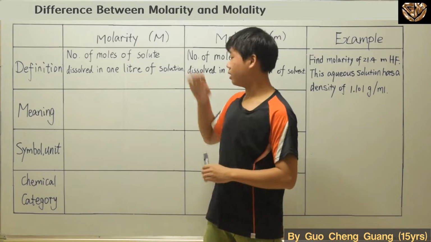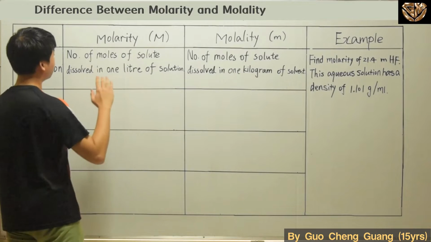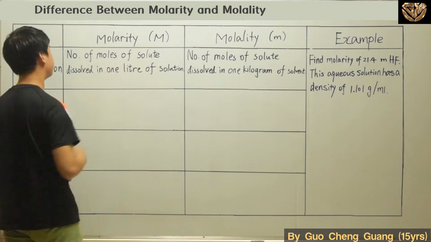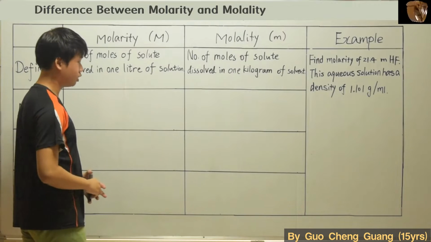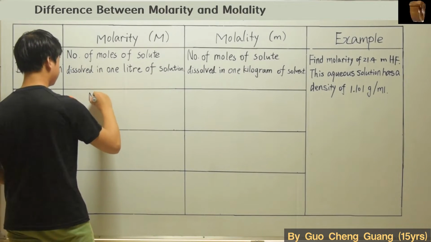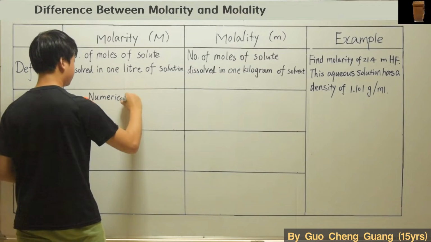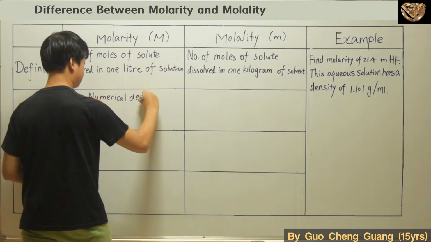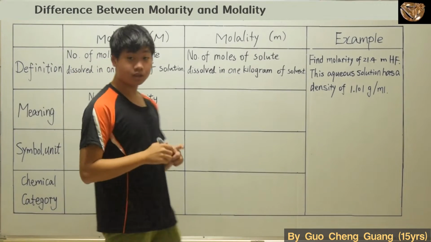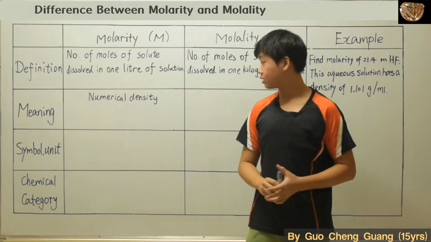So of course, molarity. Let's think about what is so special about finding the number of moles of solute in the volume of solution. If you think about it, it is technically numerical density, right? Since this is a density using this volume of solution, right?